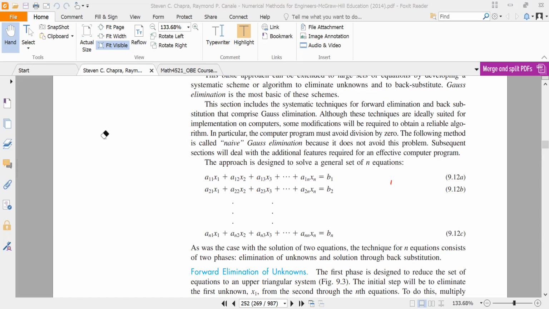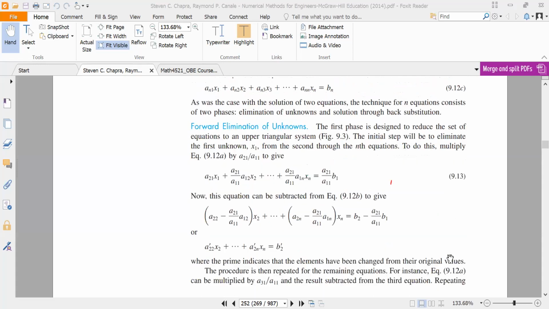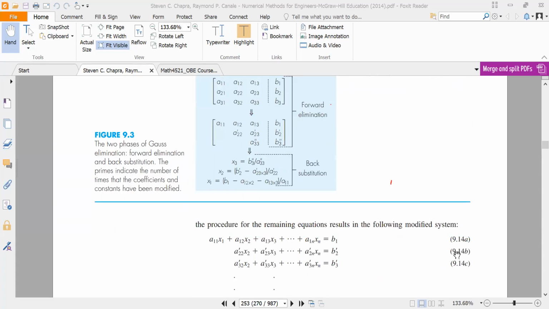You can pivot row-wise, or column-wise, or both. That will not change the solution, but it will increase the effectiveness of the algorithm. That is also discussed in the subsequent sections. Some examples are there. All the process has been described.